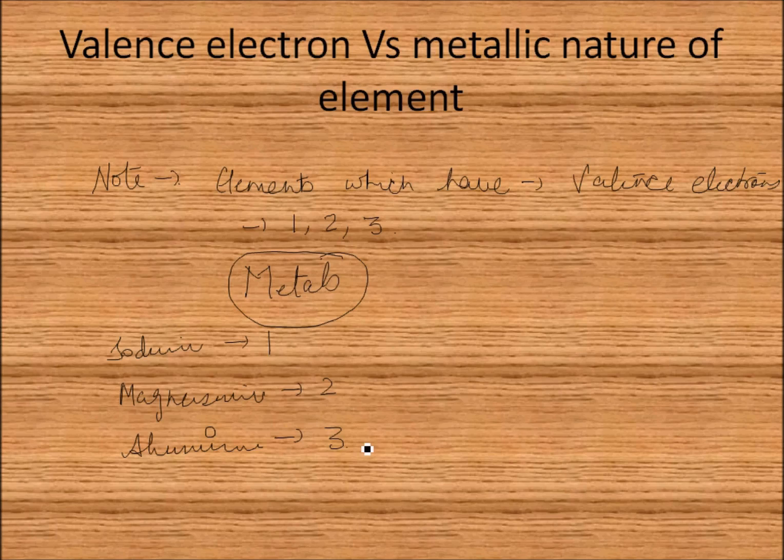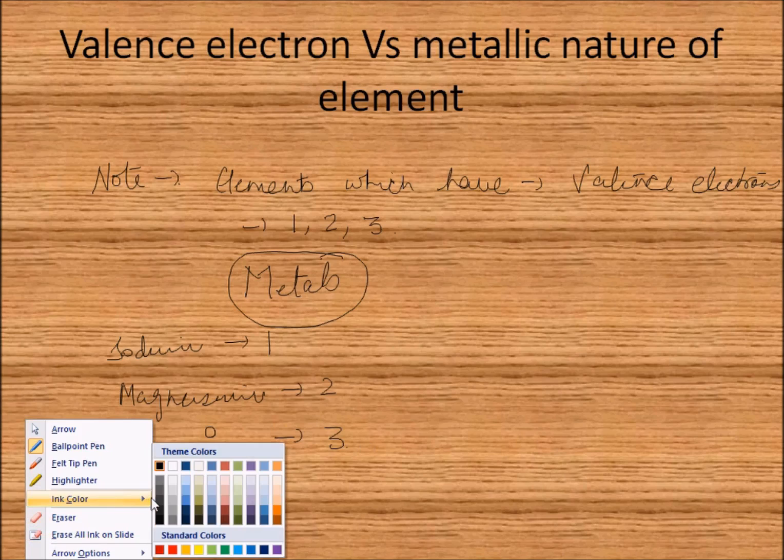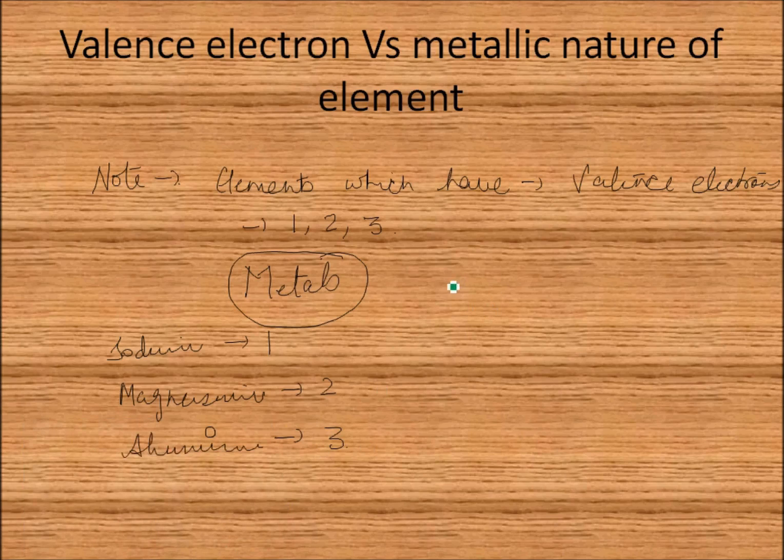So how do you know the metallic nature of an element? First, you should know the atomic number. Let's write it down. Let me take another ink. Important: first, know the atomic number, then the electronic configuration.